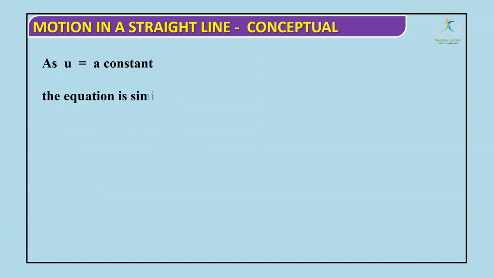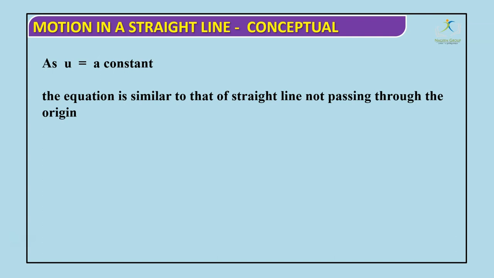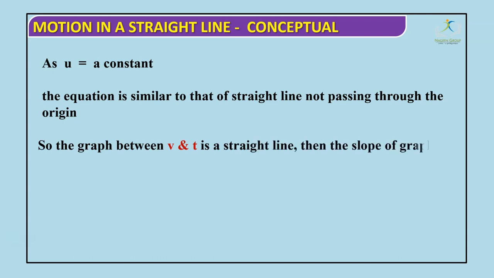Here u is a constant, so the equation is similar to that of a straight line not passing through the origin. So the graph between v and t is a straight line. Then the slope of the graph, dv by dt, is equal to a. Hence the correct option is 3.